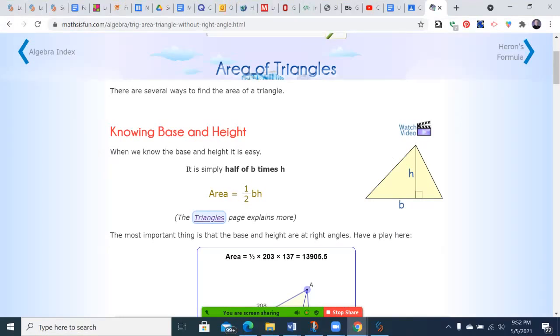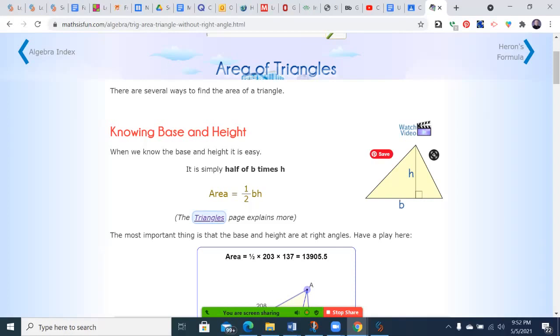You're familiar with finding the area of a rectangle or square where you multiply base times height, or you might call it length times width. But a triangle is really kind of a half of a rectangle. So what we get here is we're going to multiply 1/2 times base times height.